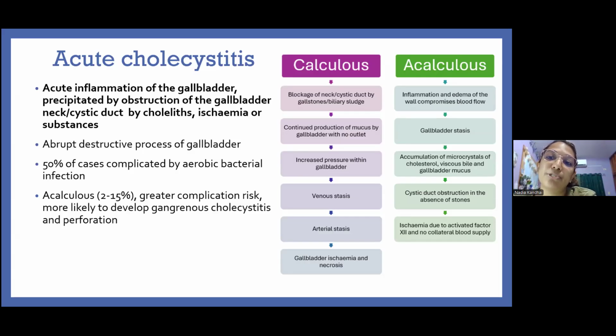The normal protective glycoprotein mucus layer is then disrupted, which exposes the mucosal epithelium to the detergent action of the bile salts. Prostaglandins are then released within the wall of the distended gallbladder, which enhances mucosal and mural inflammation, causing further distension and further increased intraluminal pressure. This then compromises the blood flow to the mucosa, which ends in gallbladder ischemia and necrosis.